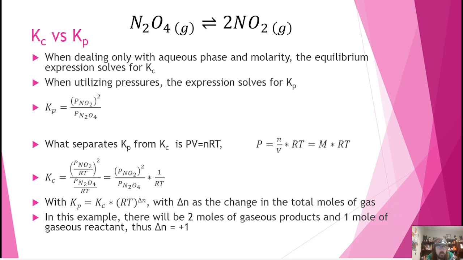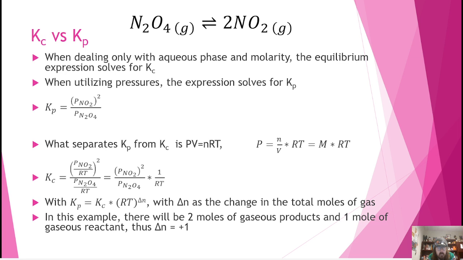So in this case, if I'm converting the Kp into a Kc, I need to divide my pressure of NO2 by RT to get it into a molarity, and the pressure of N2O4 by RT to get into a molarity.